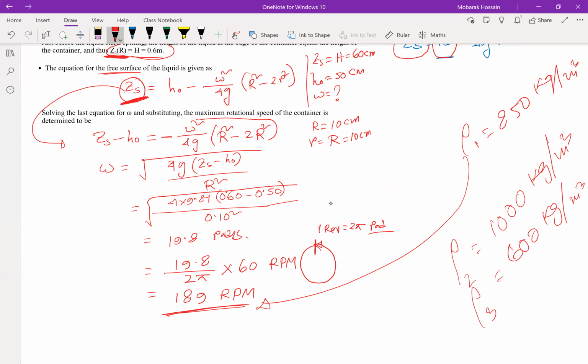So you can think about it, and if you are interested we can discuss it in the tutorial class. The best thing is, does it depend on density or is it independent of density? Okay guys, thank you for watching.